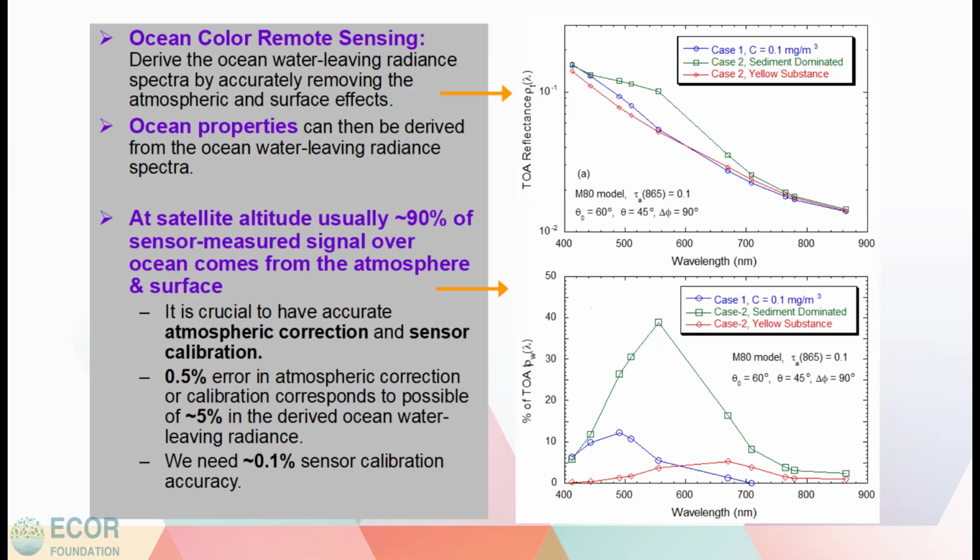Even 0.5% error can cause a 5% mistake in ocean data. So you can see the proportion. It has to be very precise, with nearly 0.1% precision needed for a reliable result.